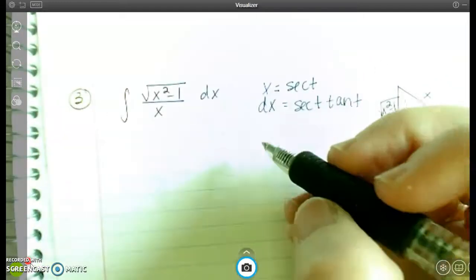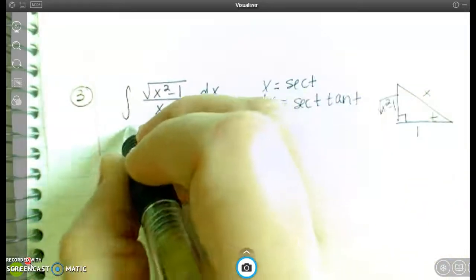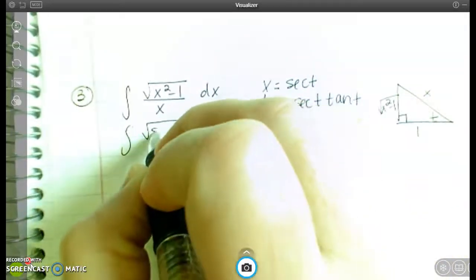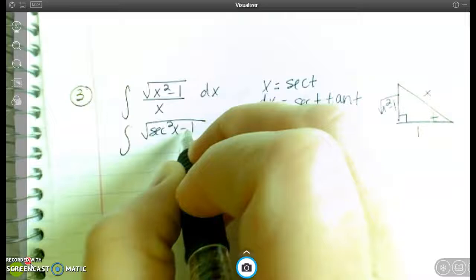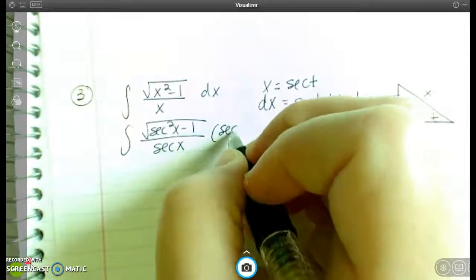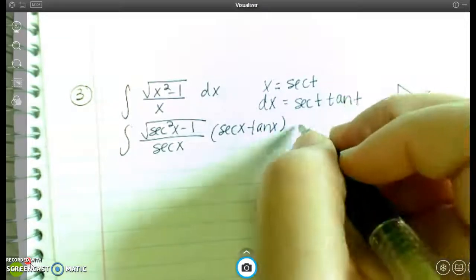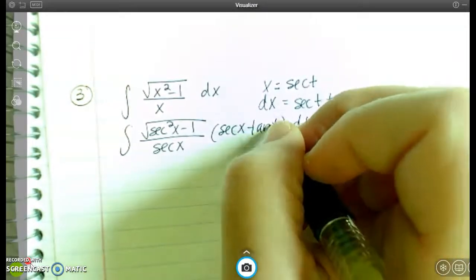Alright, so after that, we're going to substitute in our x's and our dx, and so we have the square root of secant squared t minus 1 over secant of t. dx is secant t tangent t. And really all of those are t's.